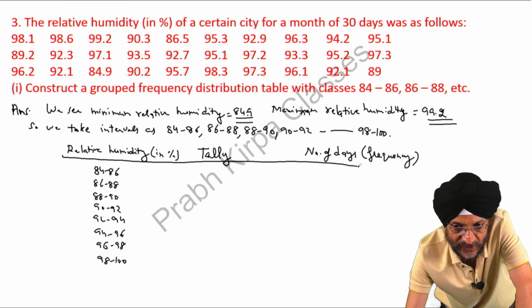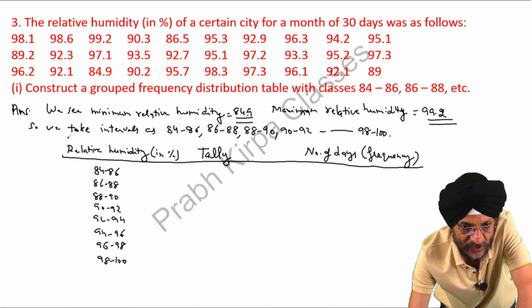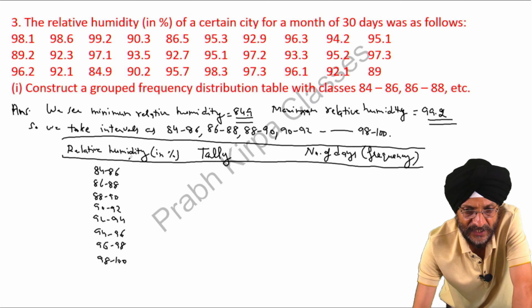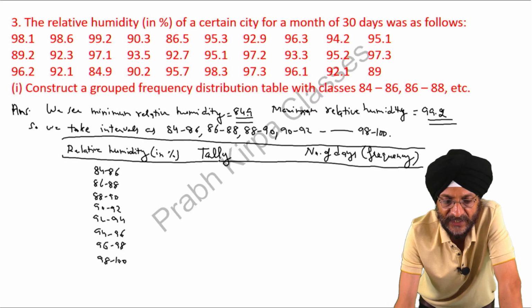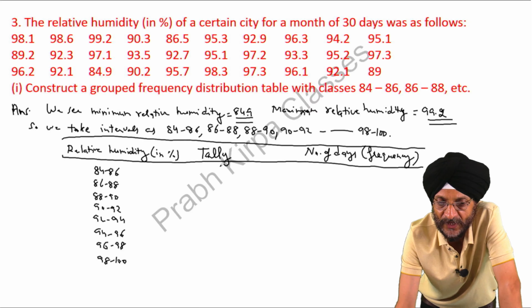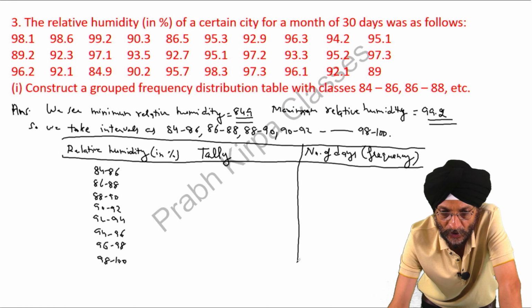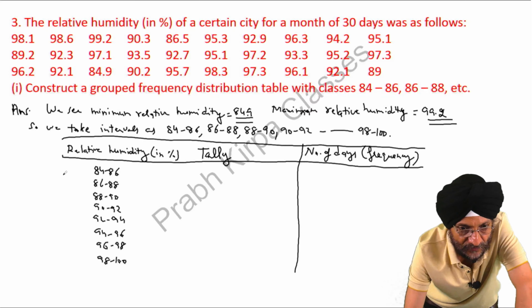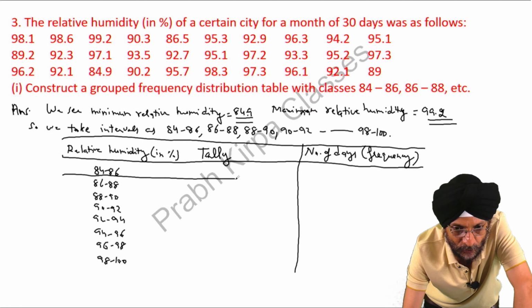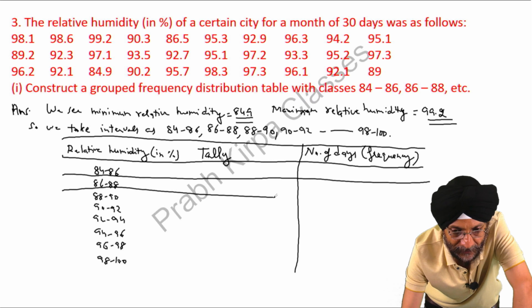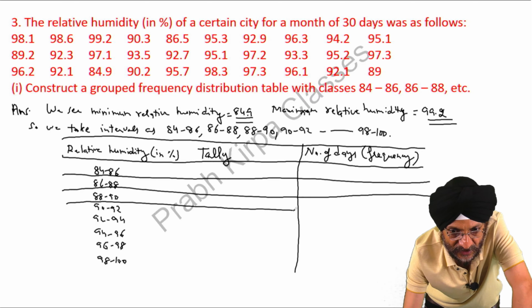So here is the table before you which we are constructing, in which we have taken three columns. First is relative humidity, second is tally where we will do counting, and then at the last we will mention the total of all the days. Here we will keep separate lines so that the entries do not merge with each other.